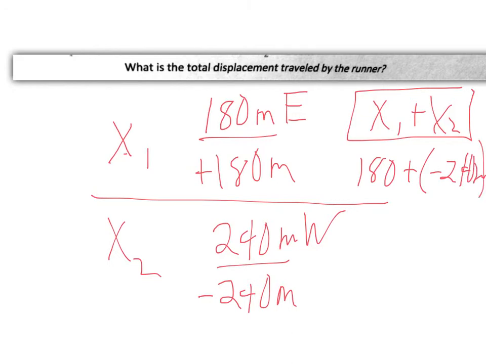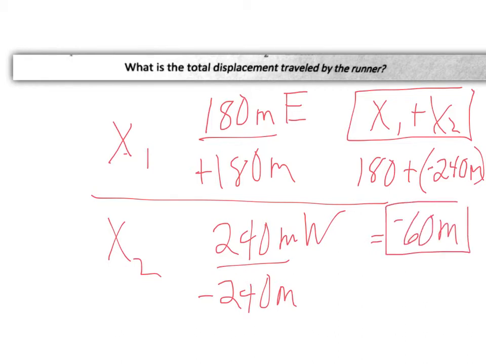And this is something that we'll be doing quite a bit when we talk about vectors. But you always have to sum your x's and later on there'll be y's as well. Make sure that the sign's on there. So what's 180 plus a negative 240? Well, that's a negative 60 meters. So that is his displacement, or her displacement.